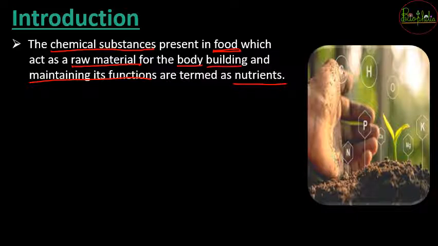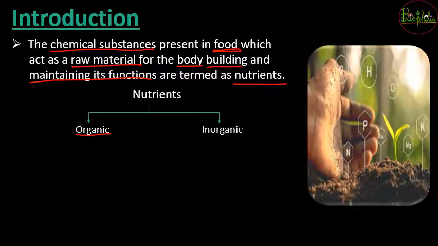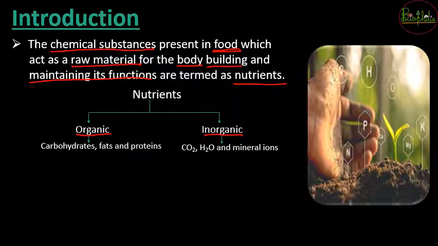So that was a little introduction building for the chapter. So अब हमें पता चल गया nutrients क्या होते हैं. So you defined nutrients. But what sort of nutrients are present? So nutrients can be of two types. Either it can be an organic nutrient or it can be an inorganic nutrient. अब organic nutrients में you can involve carbohydrate, fats and proteins, whereas in inorganic nutrients you involve carbon dioxide, water and mineral ions. अब ये जो nutrients है you are going to relate it with reference to plants.